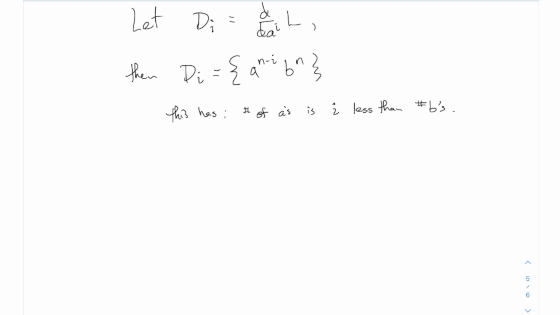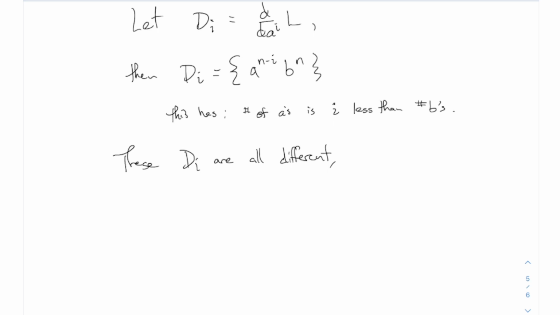And wouldn't you believe it, those sets, D_i, they are all different from each other. Like D1 is the one where there's one less A. D2 is the one where there's two less A's. D3 has three less A's, right? They're all different from one another. So these D_i are all different. And so L has infinitely many different derivatives. That's what we were supposed to show.